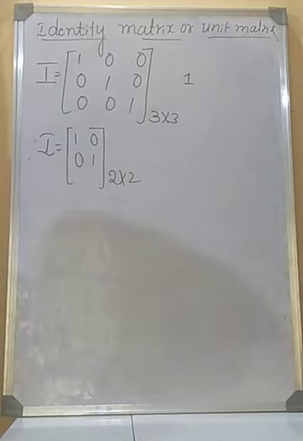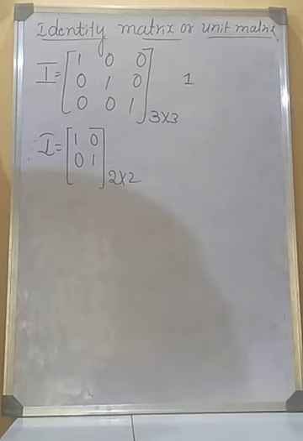Row matrix: a matrix having only one row is called a row matrix. Column matrix: a matrix having only one column is called a column matrix. Square matrix: a matrix in which the number of rows is equal to the number of columns is called a square matrix.